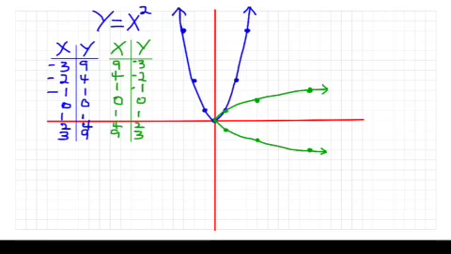And that is my inverse for y equals x squared. Now what happens is, when we do an inverse, we would like for it to be a function too. If you remember your function rules, if I draw a vertical line through this like so, you notice that it touches the green graph in two places. That means that the green graph did not create a function.